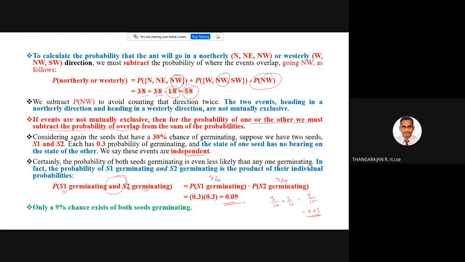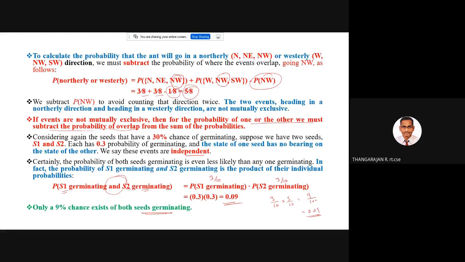So that means there's only a 9% chance of both seeds germinating, whereas individually, if you take one seed, there's a 30% chance of germinating. But when you take two seeds and ask that both of them germinate, given 30% for one seed, the chance for both seeds to germinate is only 9%.